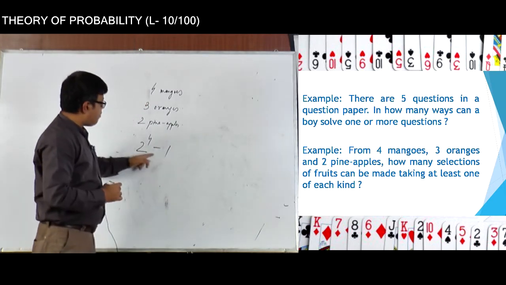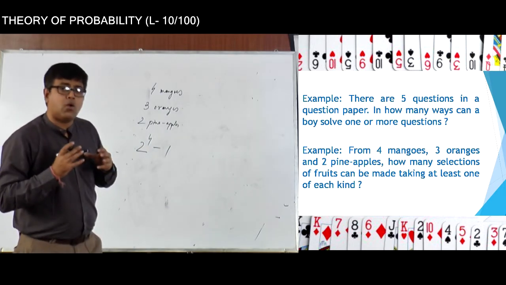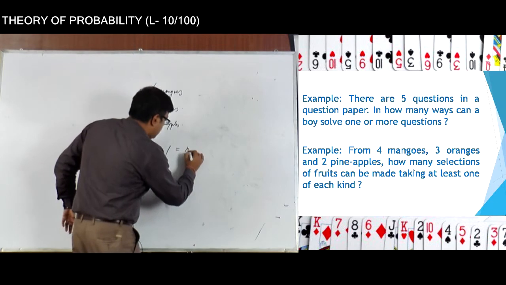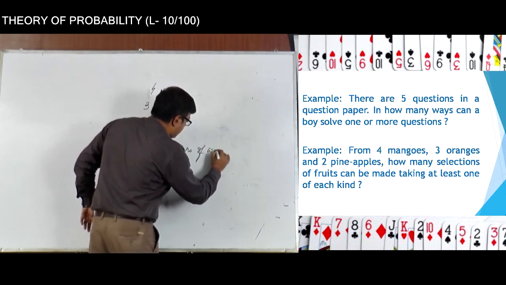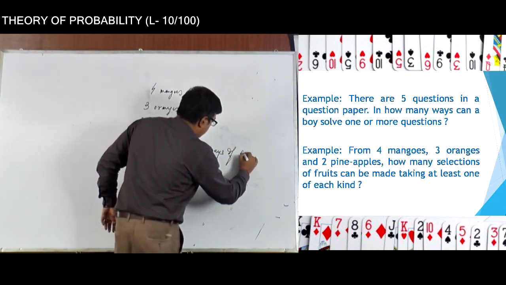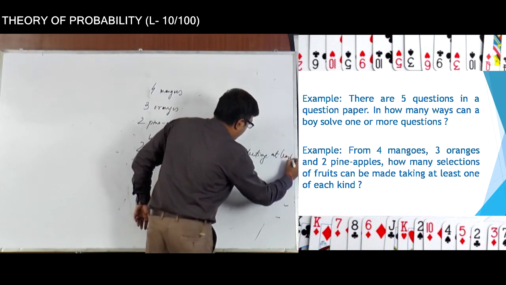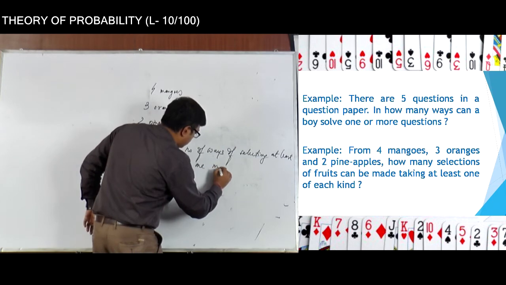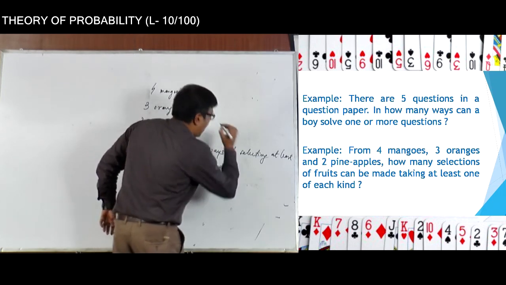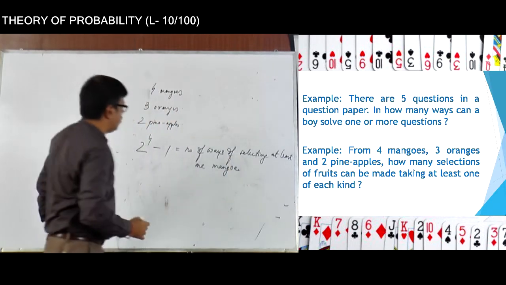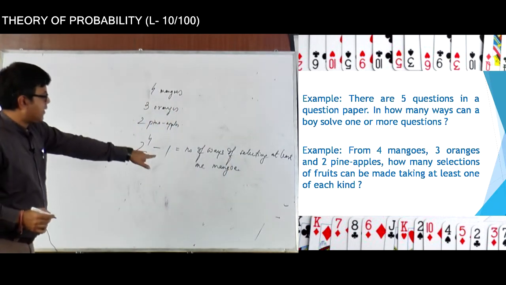So 2 to the power 4 minus 1 gives you the total number of ways of selecting at least one mango.